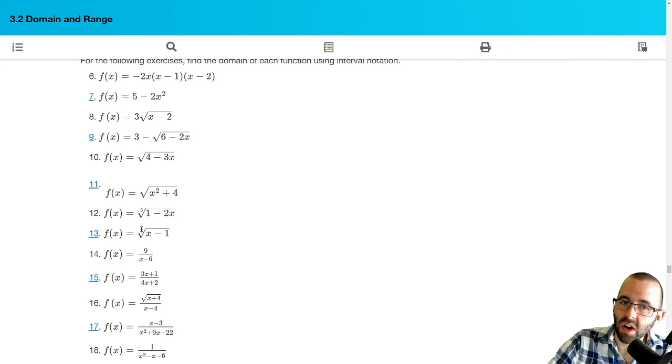But if the index was odd, like a cubed root, the inside being negative wasn't a problem. So for 13, we can actually take the cubed root of any number and get a real number. So all real numbers is going to be your domain for 13. Good. Any other questions?